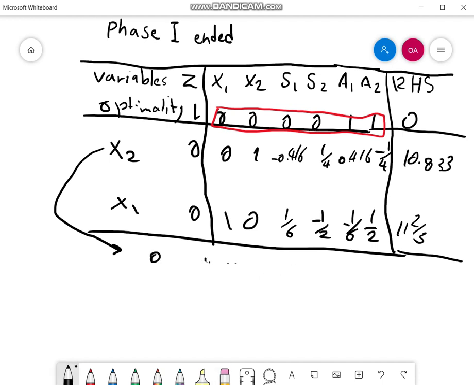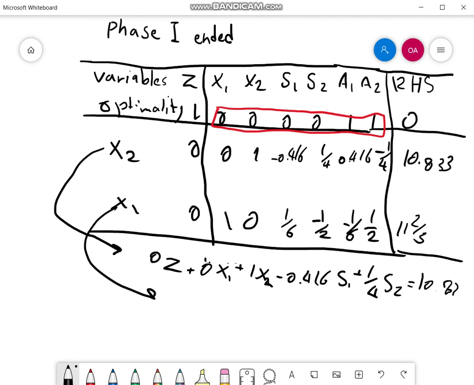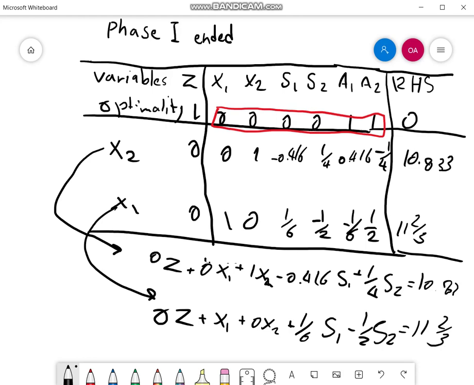This is 0z plus 0x1 plus 1x2 minus 0.416 s1 plus 1 over 4 s2, which is equal to 10.8. And I can rewrite the other one in this form: 0z plus x1 plus 0x2 plus 1 over 6 s1 minus half s2, which is equal to 11 2 over 3.